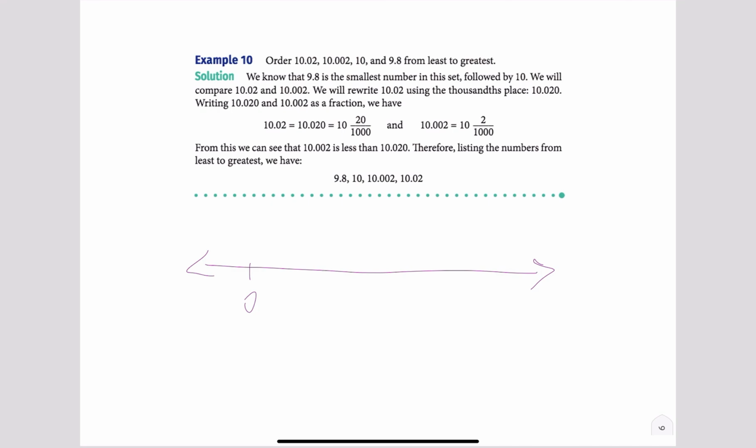And then over here is, let's say here's 9, and here's 10. That way we have plenty of room to work, because we have 9.8. Well, I know that 9.8 is smaller than any number that starts with a 10. So 9.8 would be here somewhere. And then 10 would be right there. And then between 10 and 11, I'll find the other two numbers.